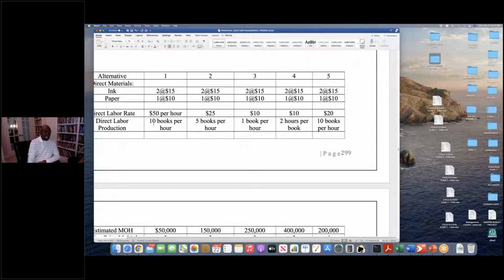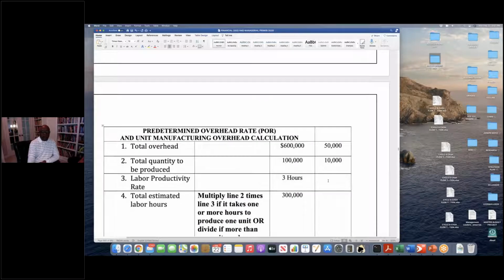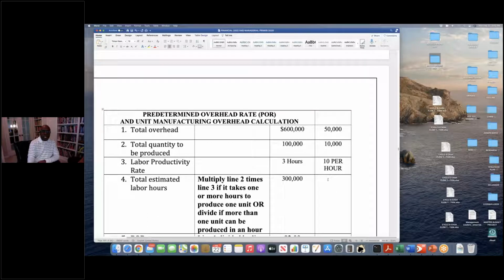Then our productivity rate is 10 books per hour, right? Yes. So how many hours is it going to take us to make 10,000? We make 10 an hour. Let's think about that.